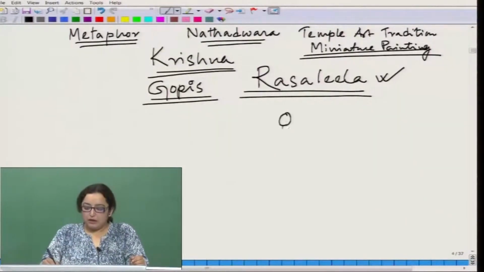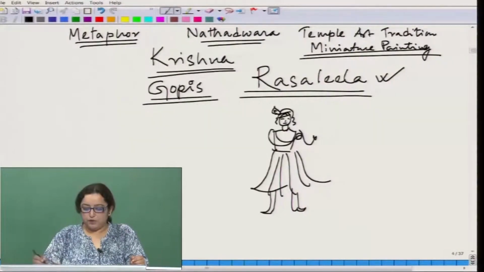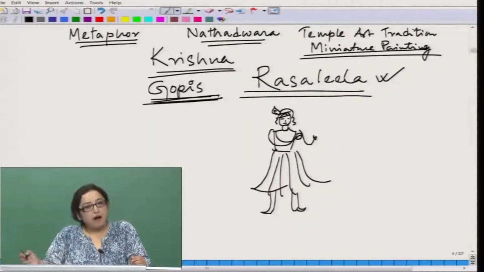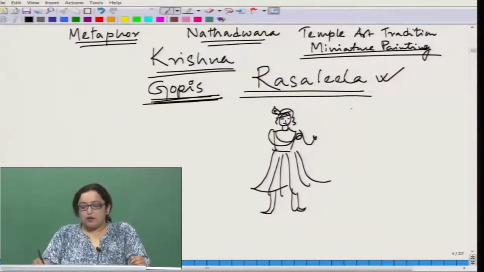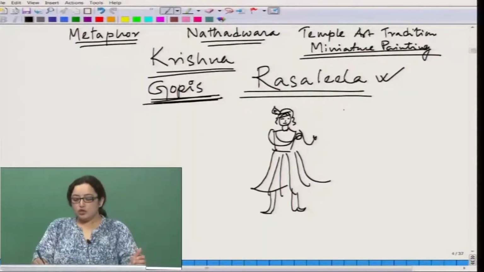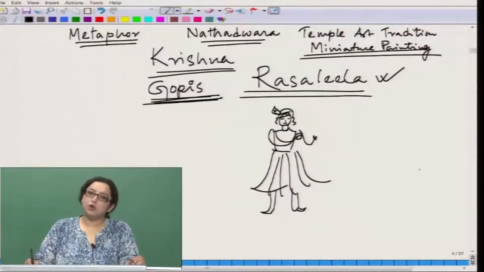Now, Krishna being an individual, how will he satisfy the need of all the gopis, because there are in numbers? So, in this story, Krishna gets multiplied with his magical action. So, we get to see multiple Krishna in a dancing sequence, dancing with the gopis.